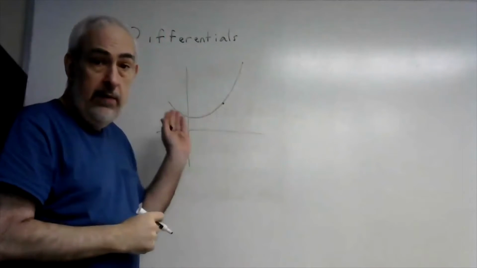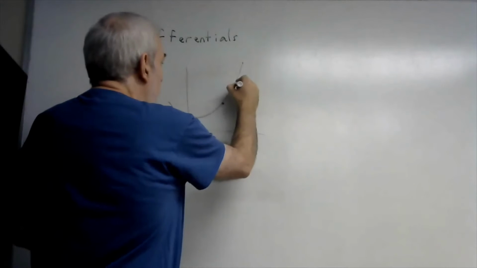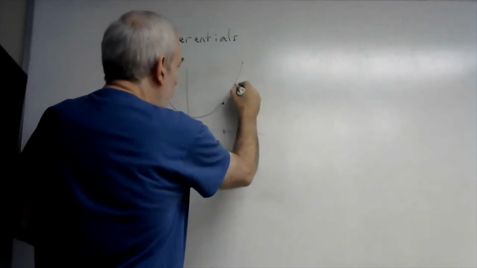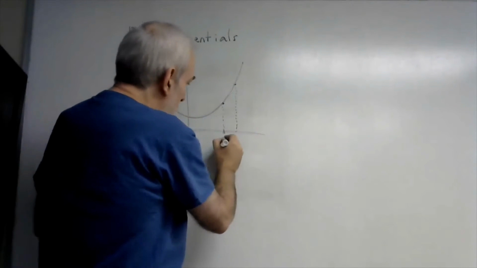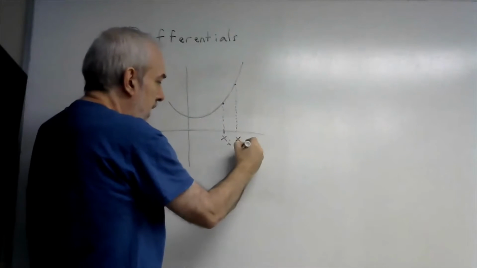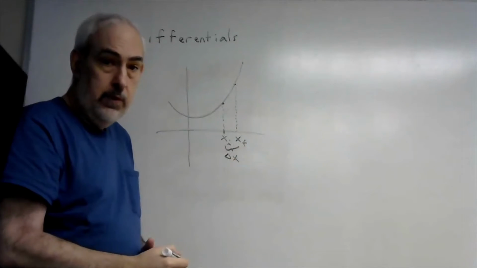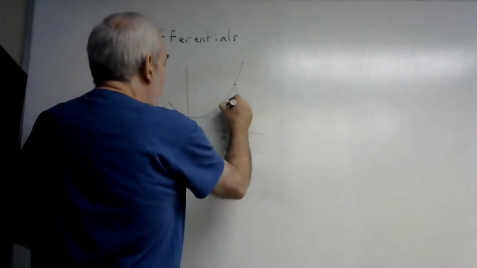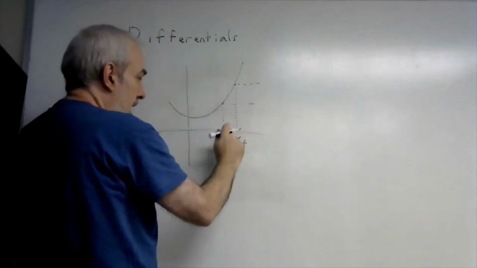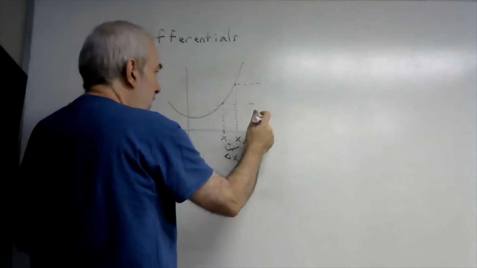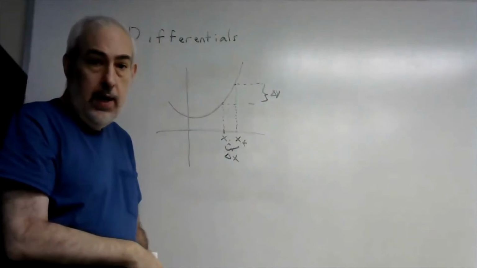Okay, so let's say we have a graph of some function y equals f of x, and let's say that we're going from this value of x to this value of x. That would be my x initial and my x final, and the distance between them is the delta x. You can say this is your y coordinate at x initial and your y coordinate at x final, and therefore the distance from here to here would be change in y.